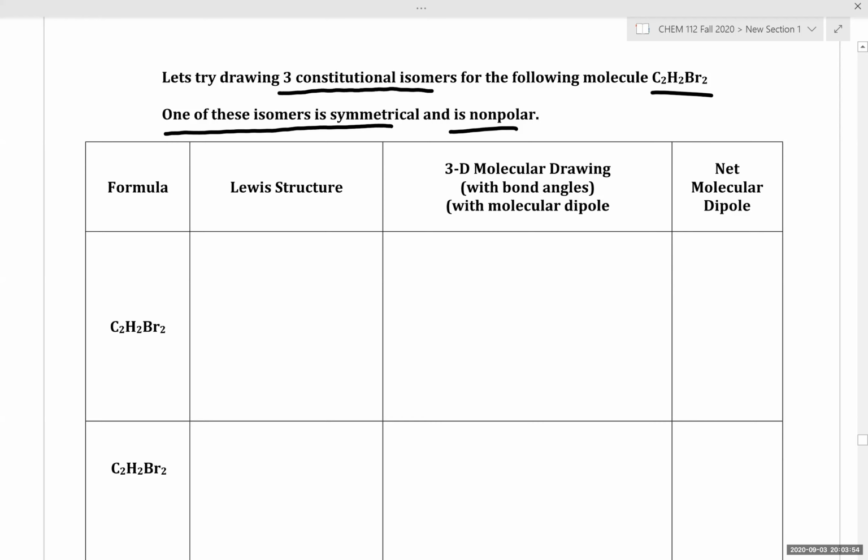So there are 3 spaces, and I'd like 3 students to try and draw 3 different structures. One of these structures is non-polar, the other 2 are not. You may have seen this example in your general chemistry courses, but I always like going back to it as it's a great link between geometry, symmetry and polarity.